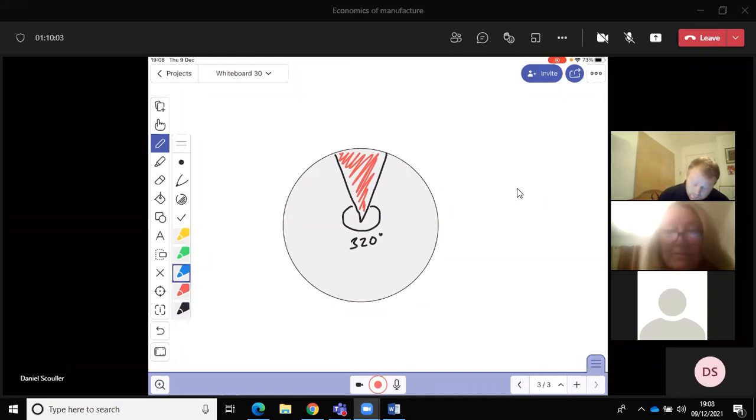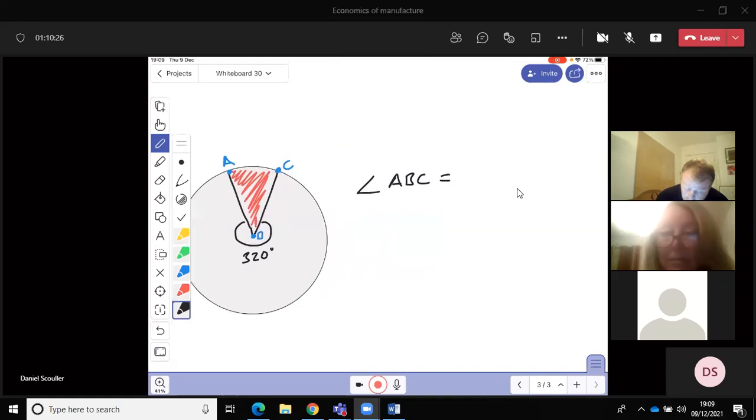They've labelled different points: this point is A, this point is B, and this point is C, and they've written it like this, angle ABC equals 40.